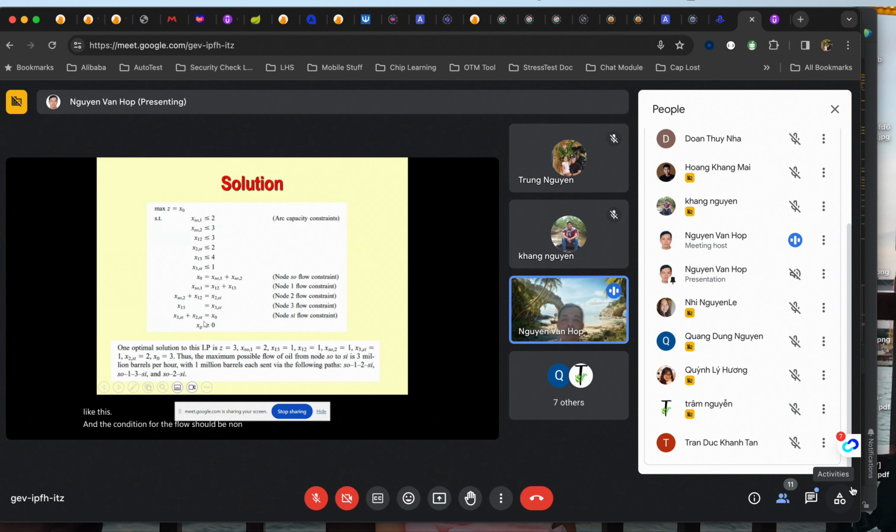And the middle one is the flow constraint. We call that the flow constraint. It means that the total flow out of each node will be equal to the total flow in.